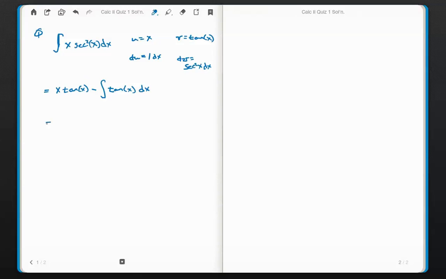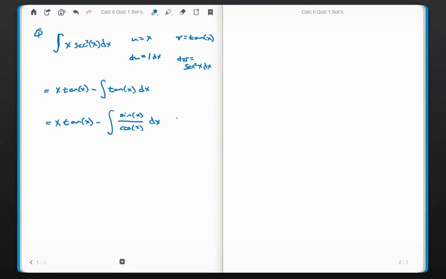So let's do it the long way and say this is x tan x minus the integral of, so tangent is the sine of x divided by the cosine of x, dx. What could I do here? I can maybe do a u substitution for this cosine, because I can deal with 1 over something, but not something over something.